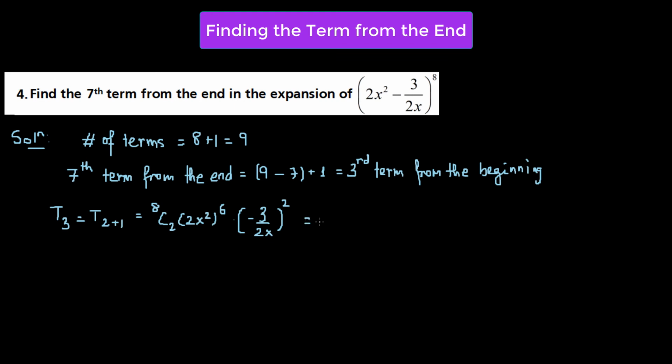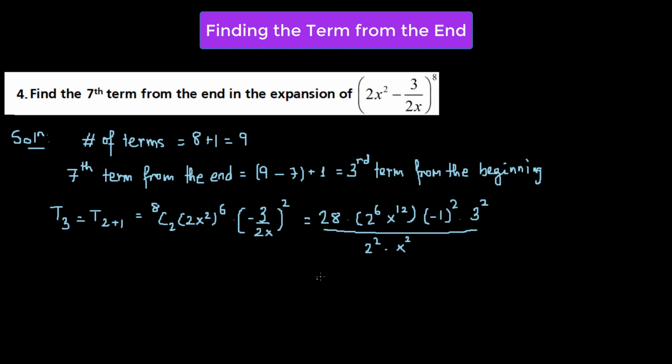So let me use my calculator. 8C2 is 28. So we have 28 times 2 raised to the power of 6 times x raised to the power of 2 times 6, which is 12. But then we pull out the negative, which is negative 1 raised to the power of 2, and we have 3 squared, and the whole thing is divided by 2 squared times x squared.